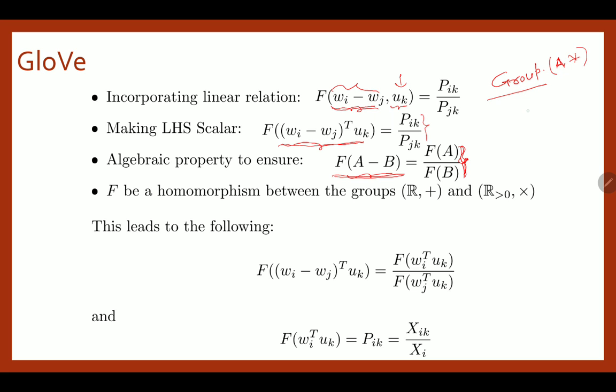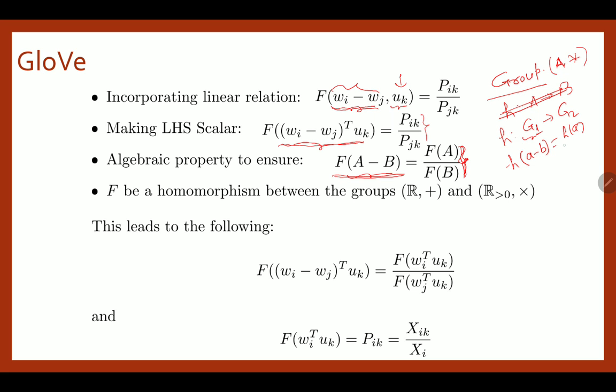The group homomorphism says that you have a function between two groups, let's say G1 to G2, and if you perform any operation on G1, because G1 has its own binary operator, that has to be preserved in G2.